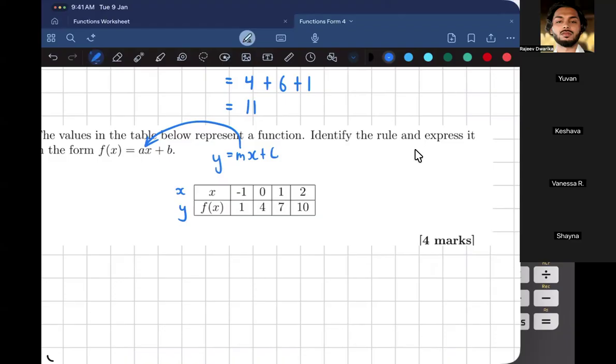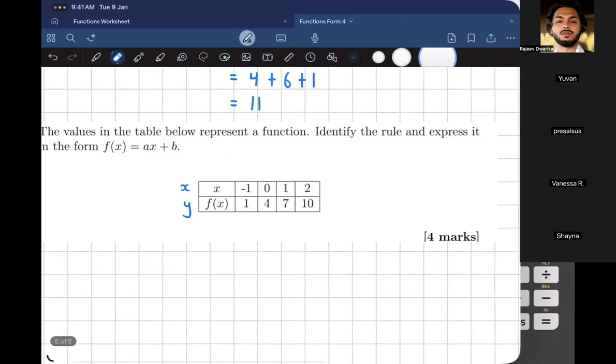Did anybody ever look at the equation of a line and find the gradient? Okay, well, as a bonus question, I will plot these points on a graph and sketch it, and you can see what I'm talking about.